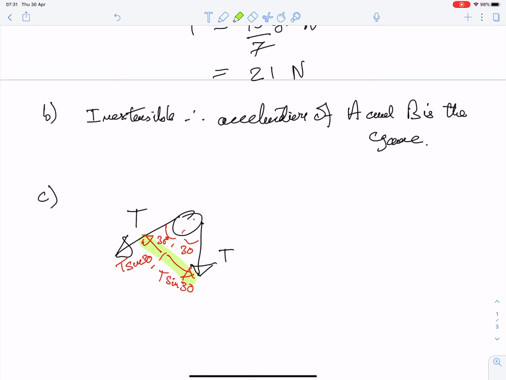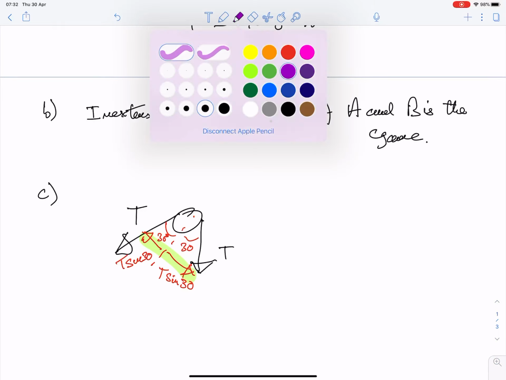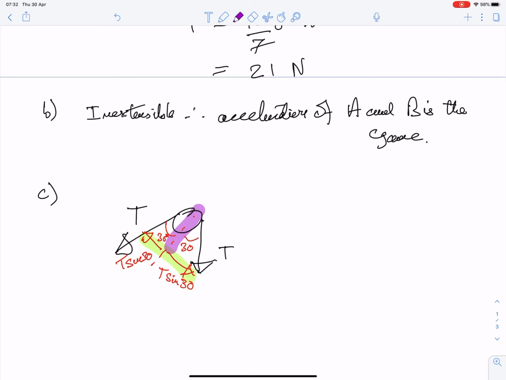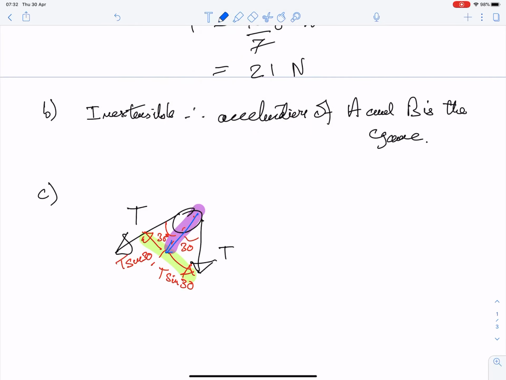Okay, so come back down to our little diagram here. This is 60 degrees. So we can split that in half. So that's 30 degrees. That's 30 degrees. So if we break these into their components, remembering the tensions must be the hypotenuse of the triangles, because they're the actual forces that we've got.